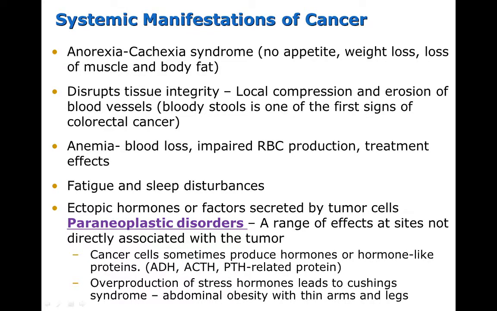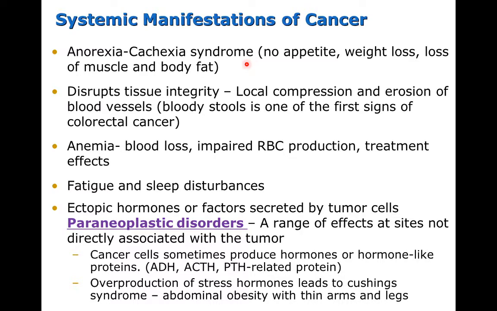I suspect many of you have known people with cancer, and some of these systemic symptoms will be pretty familiar. For example, many cancers are associated with weight loss and muscle wasting. The term for this is anorexia cachexia, and that refers to weakness and body wasting that is due to a chronic disease.